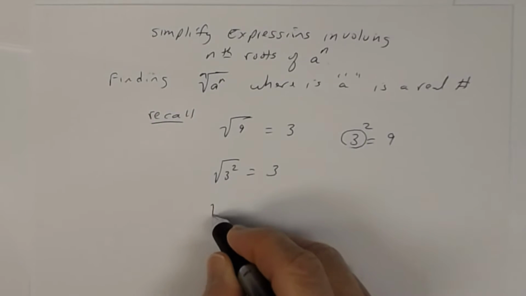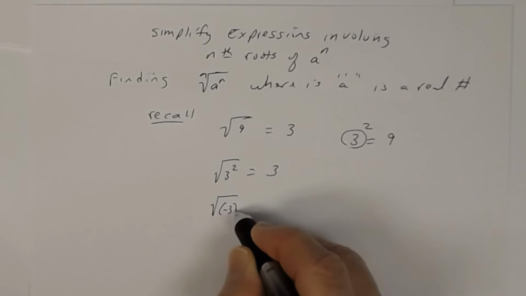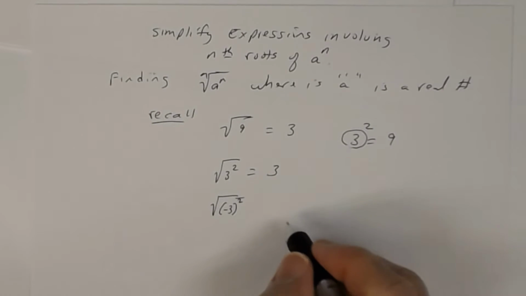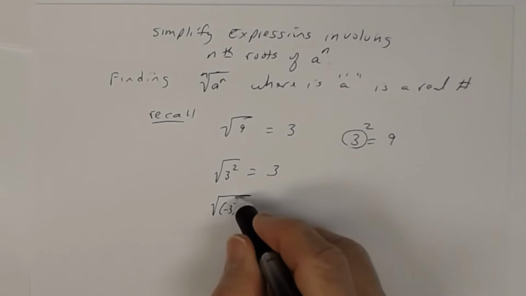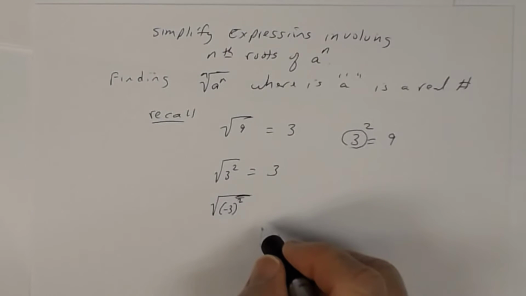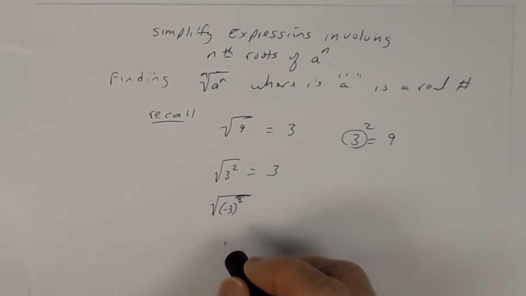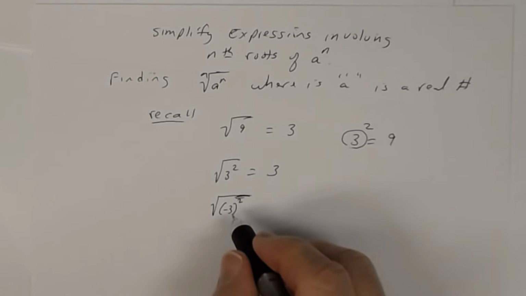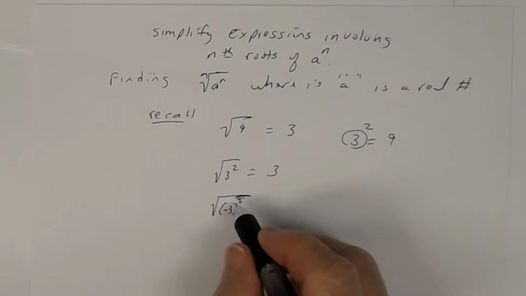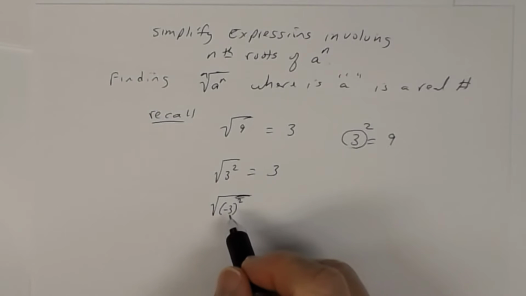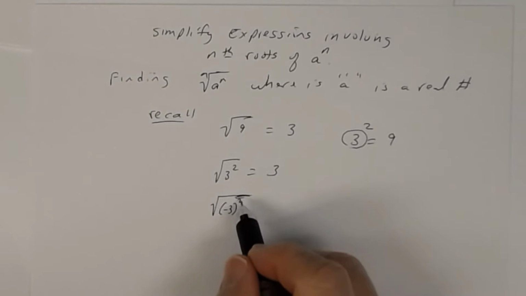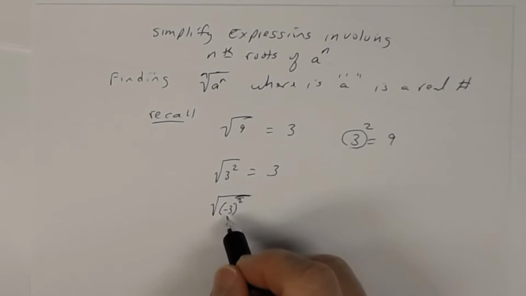If I have this, though, now you got to be careful. If I have the square root of negative 3 squared, what do you think that's equal to? Do you think it's 3, or do you think it's negative 3? Well, you got to be careful here because negative 3 squared means negative 3 times itself.